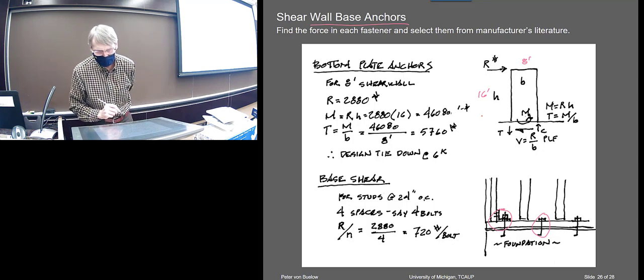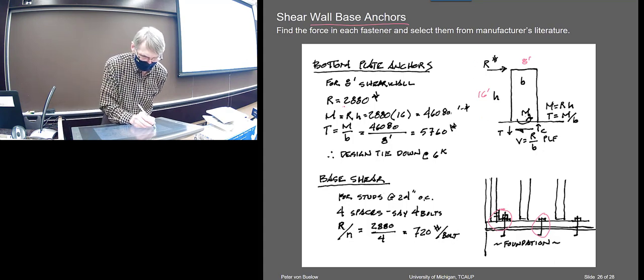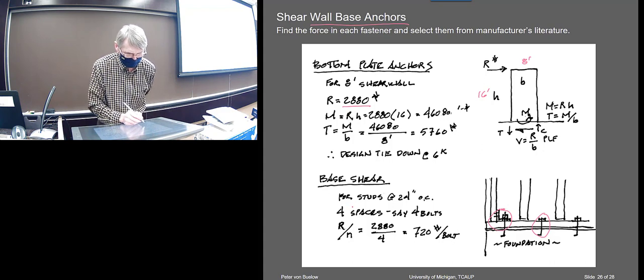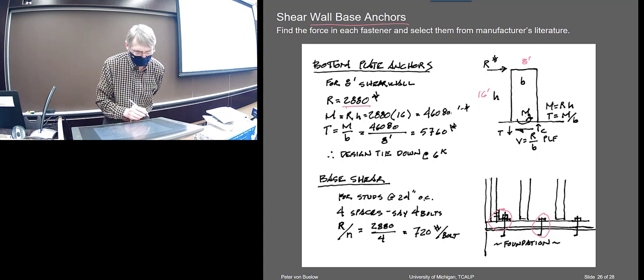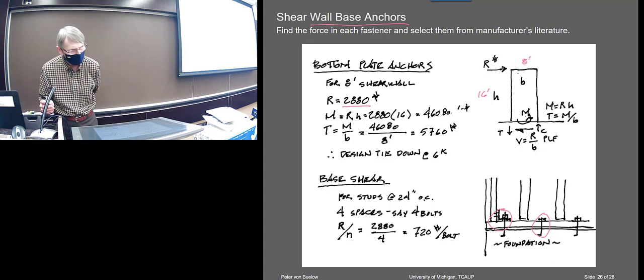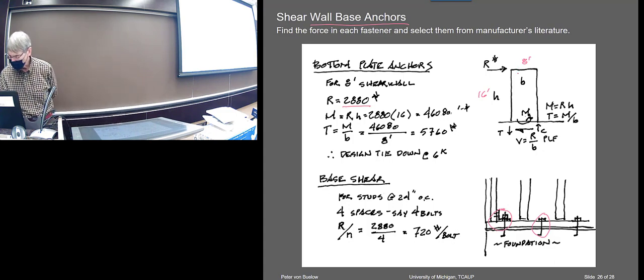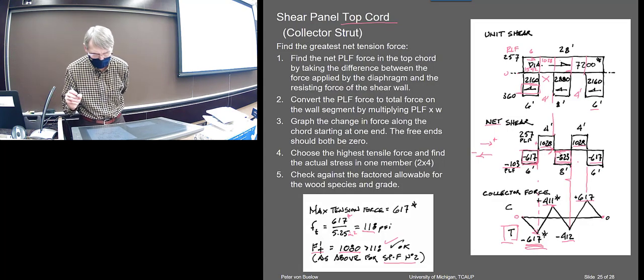So we got that. This was given, I mean, we calculated it earlier on the shear wall. That 2280 pounds is just on that. We should be able to find where that came from. That should be this.